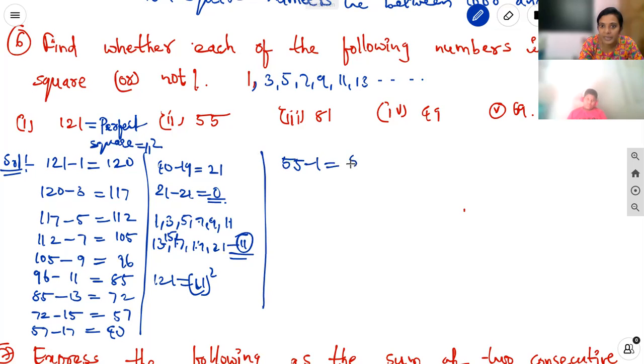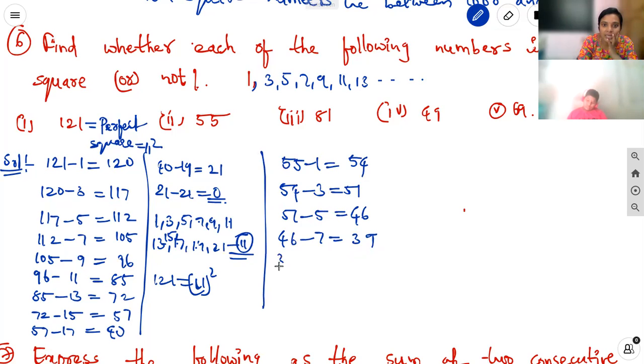Here, the second one. 55 minus 1 is 54. 54 minus 3 is 51. 51 minus 5 is 46. 46 minus 7 is 39. 39 minus 9 is 30. 30 minus 11 is 19. 19 minus 13 is 6. 6 minus 15 is minus 9.